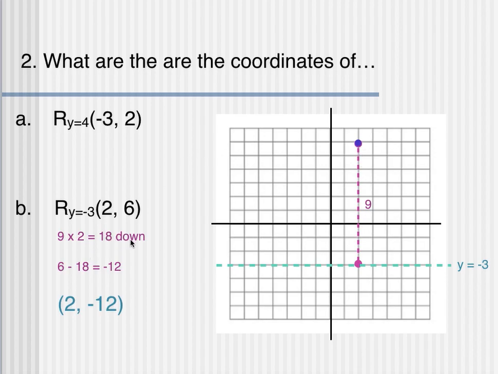So if you go 18 units down from the original height of 6 on the y-axis, 6 minus 18, you'd end up at -12 units below the origin. So it didn't slide left or right, so it's still at an x value of 2. Your final answer is at 2, -12.